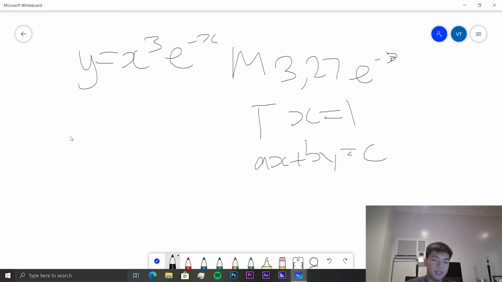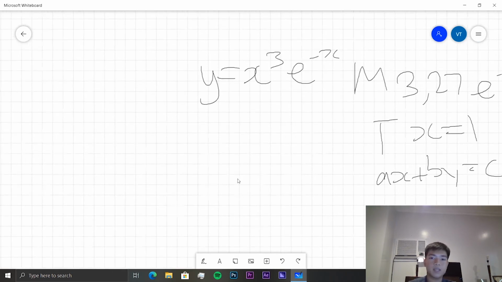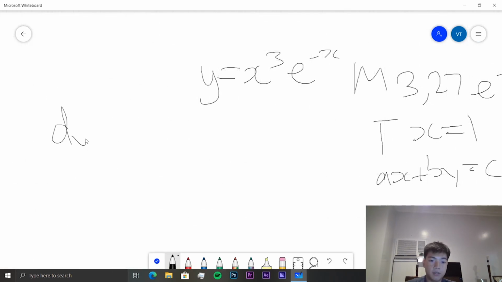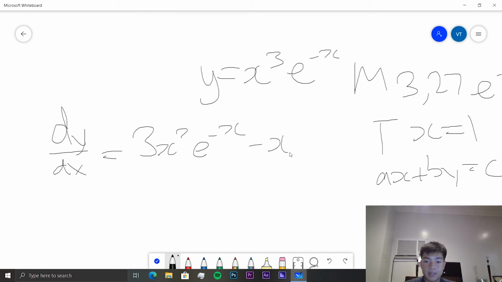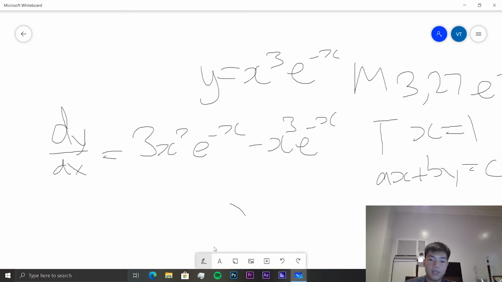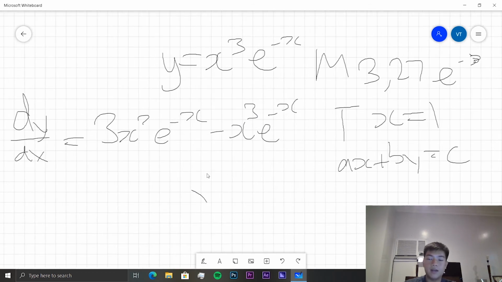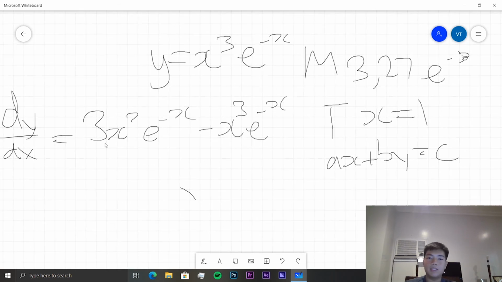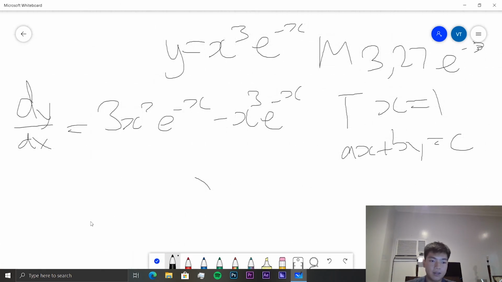So let's get the derivative of this. So this is product rule, so we have dy over dx is equal to 3x squared e to the negative x minus x cubed e to the negative x. So we need to prove that this point is a minimum. Actually, we need to get the second derivative too to prove that it's a minimum.